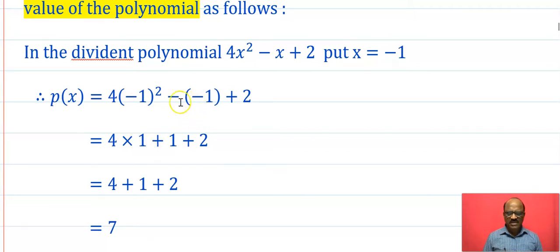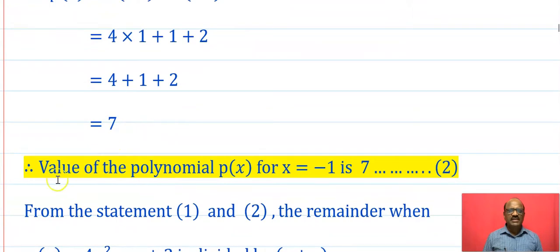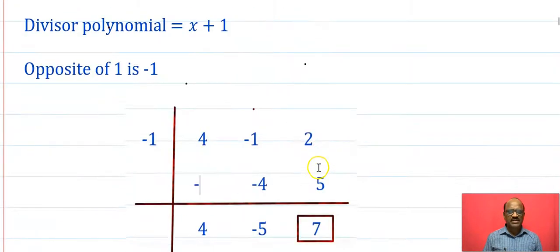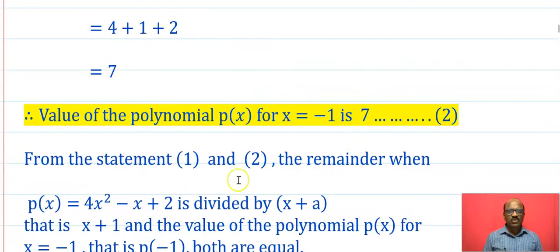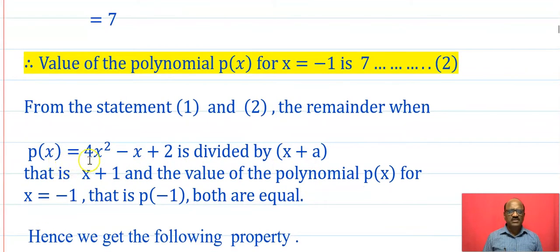Minus in bracket minus, that minus minus will become plus. 4 into 1 is 4, plus 1 plus 2, and overall you will get the 7. That is the value of the polynomial p of x for x is equals to minus 1 is 7, this is 2. Therefore from 1 and 2, remainder is 7 and the value of the polynomial is also 7. From the statements 1 and 2, the remainder when p of x is equals to 4x square minus x plus 2 is divided by x plus a, that is x plus 1.